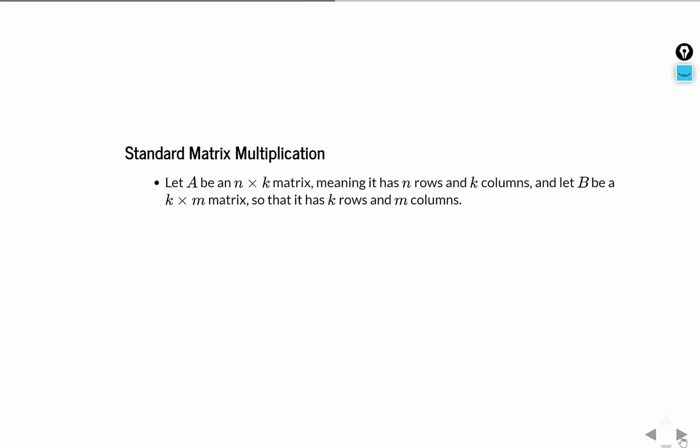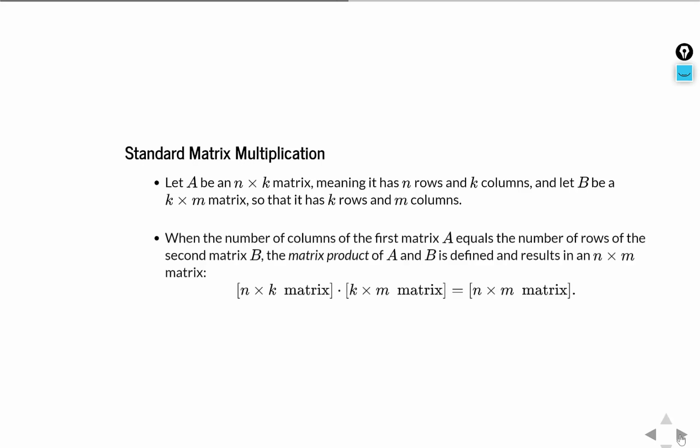Now we're going to look into the standard matrix multiplication. If we have a matrix A, which is n by k, and we have another matrix, which is k by m, we define the standard multiplication to be an n by m matrix. The product is defined by multiplying rows of A by columns of B and summing over the common index.